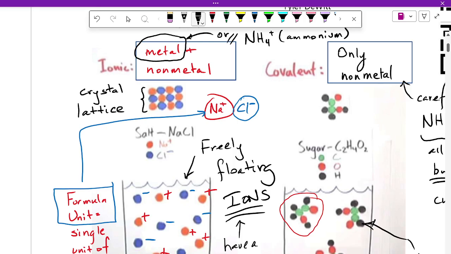And that is in 2 dimensions, but this is what it would look like in 3 dimensions. And these can be big, they can be small. You can have a big salt crystal, you can have a small salt crystal. And that's why we don't really have a molecule, like this is not a molecule of salt, this is a crystal lattice of salts that could be big or it could be smaller. You could have more atoms, or sorry, more ions or less ions. But if we want to just refer to one of them, we call it a formula unit.